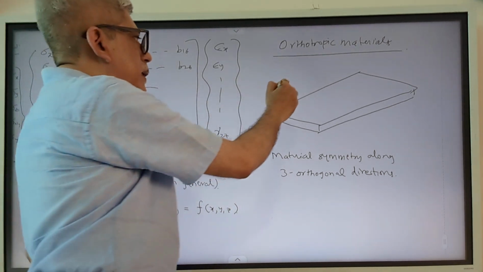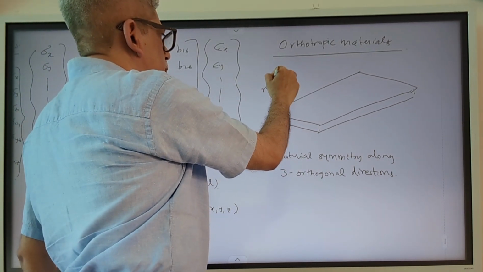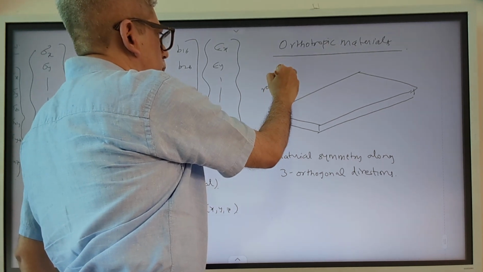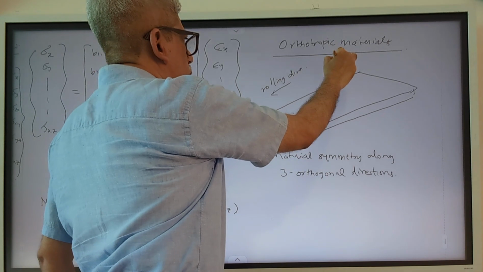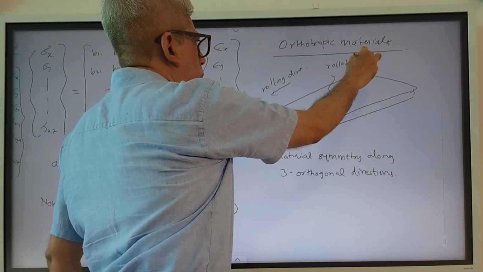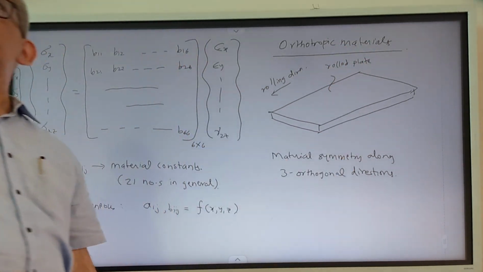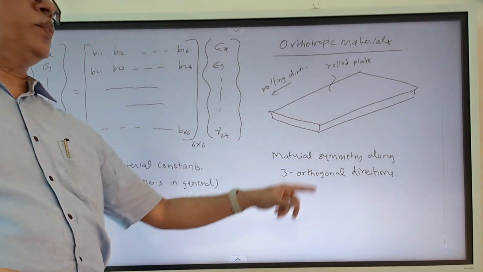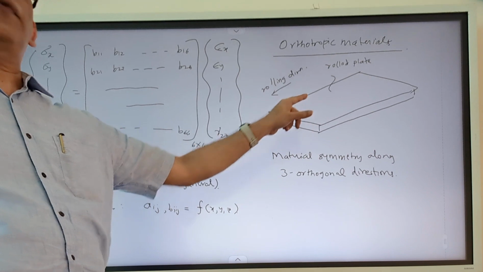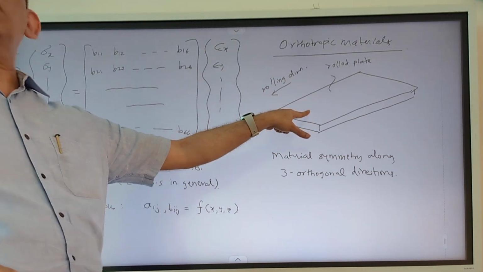So let's say this is the rolling direction. We are calling this a rolled plate, which is the common material used for most engineering structures. We will have properties which are different in a particular direction.